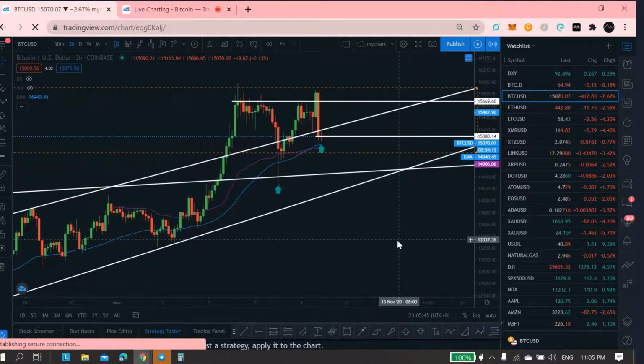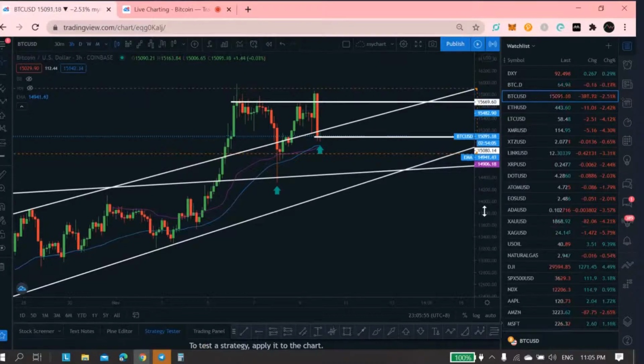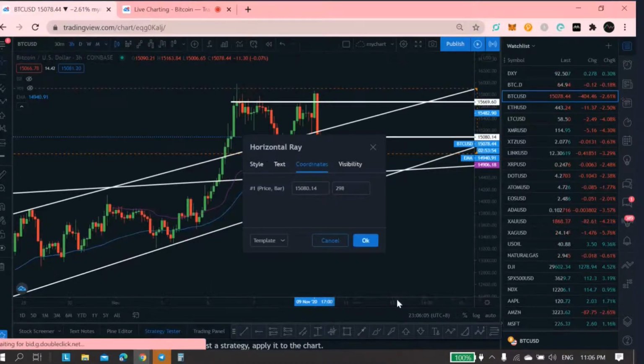So who will win this next candle? Let's see. Yeah, at least that's the 15. Yeah, 15,080. Oh, is this 15,080? Let me just check. Yeah, 15,080.